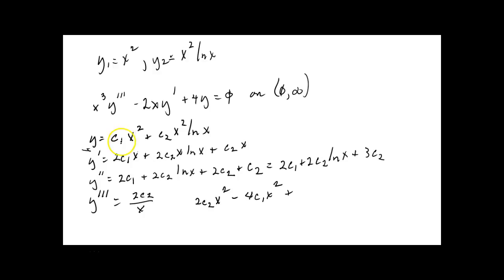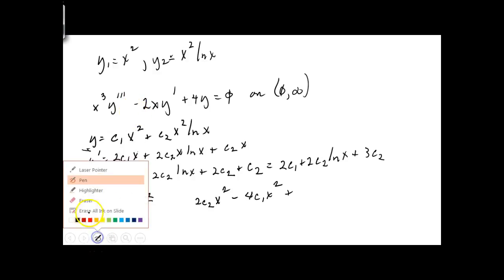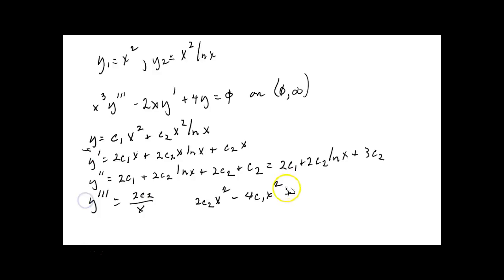Goodness, this is so easy to get lost here. Oh, it's probably not a plus, it's a minus. Okay. We've got a minus 2x here and a plus 2, so that's a minus 4c2 x squared log x.